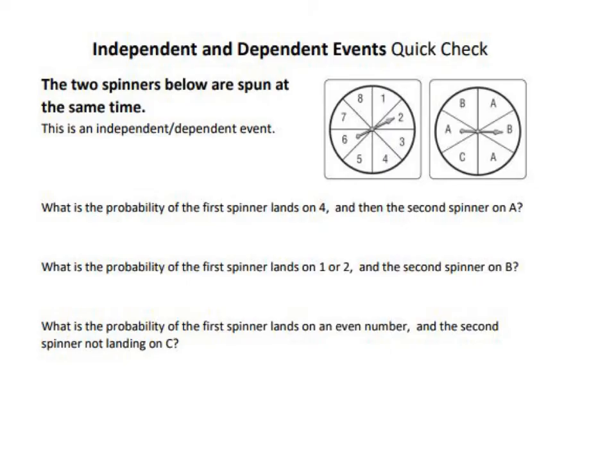So here we have two spinners, and we are going to do compound events. And remember, with compound events, you find the probability of one event and then the probability of another event, and then you multiply them to give you the probability of both events happening.